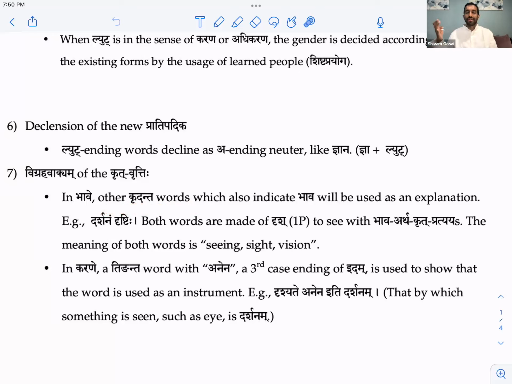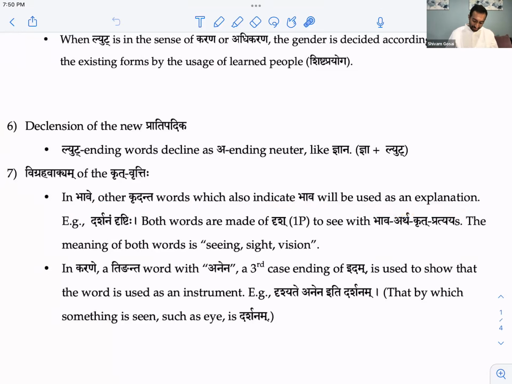Just to remember, a vigrahavakya is a sentence which explains the meaning of the word. So when I'm in the sense of bhava, I can use other krdanta words which also indicate that same sense of the dhatu as an explanation.